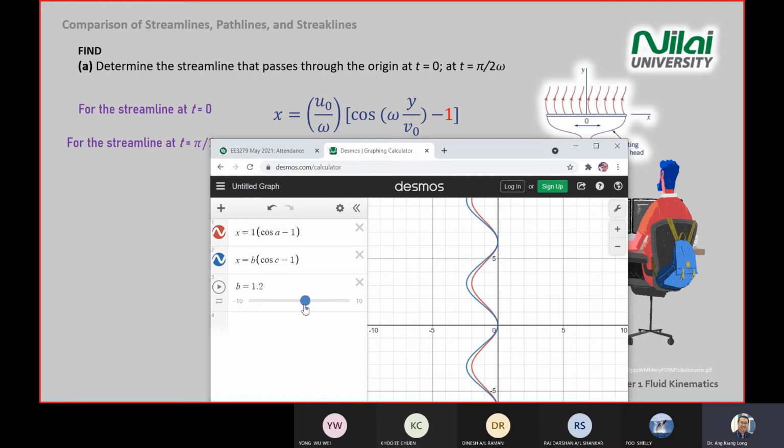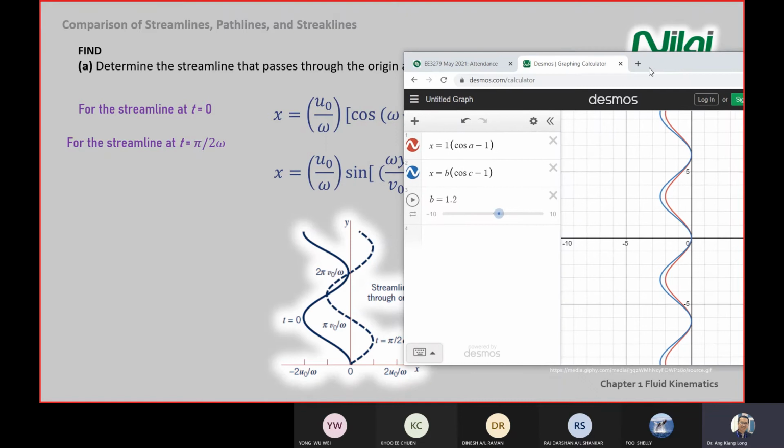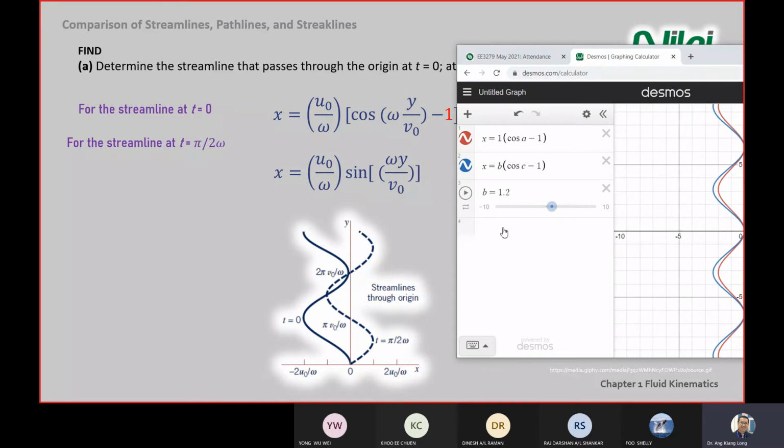All right. So let's say I don't want to see the red color again, so maybe I'll just leave it on the screen here. What happened to the second equation? The second equation is sine. So I just type sine. I go to 4.